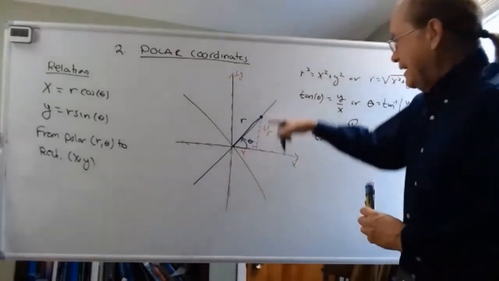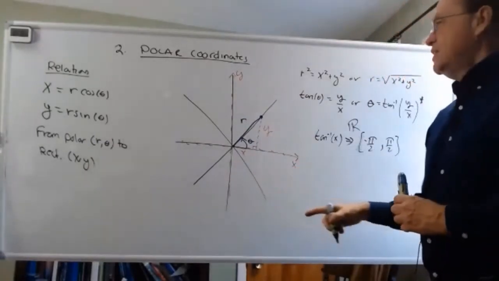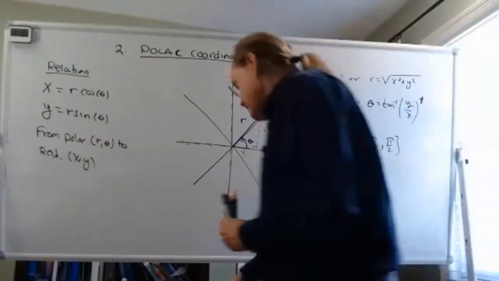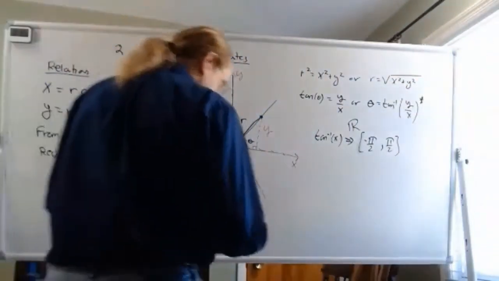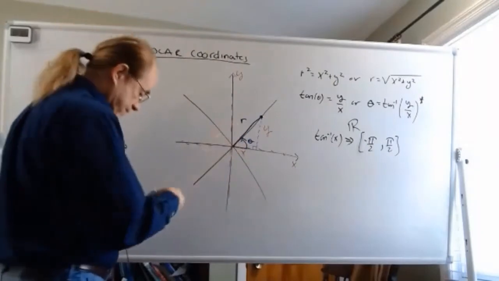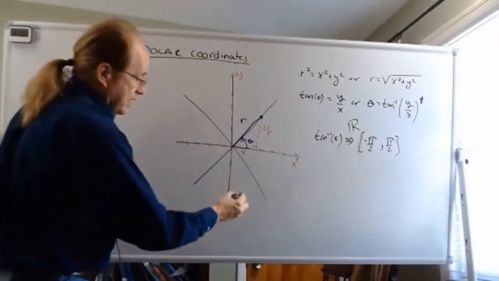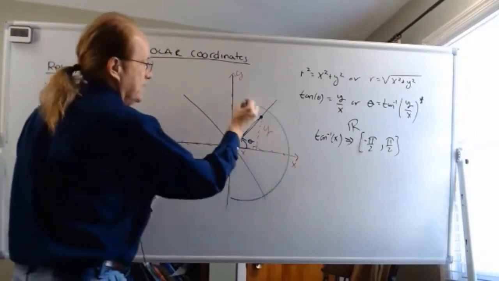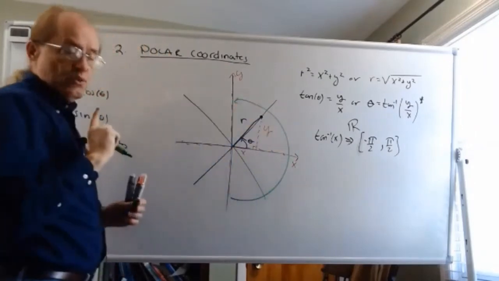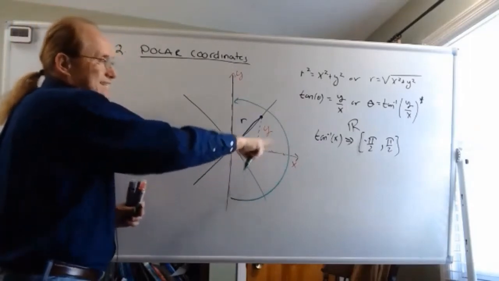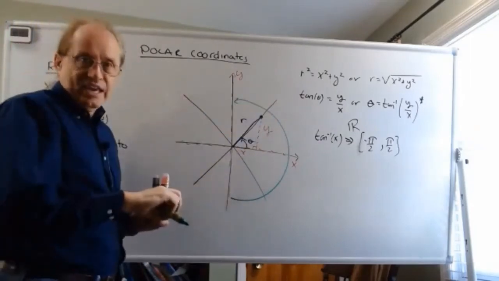It'll only give me angles in this region over here. So it'll be accurate in these regions here. As long as my point lies somewhere in this range over here, I can use that directly. However, if I'm in quadrant 4, it's always going to give me a negative angle.